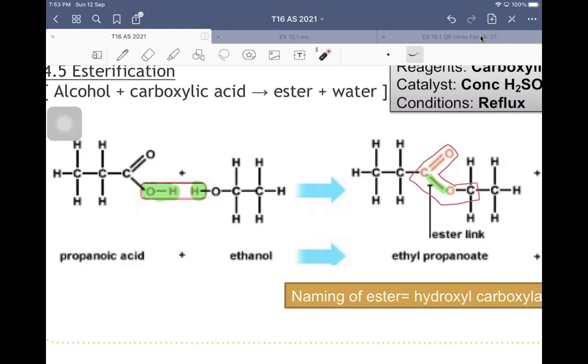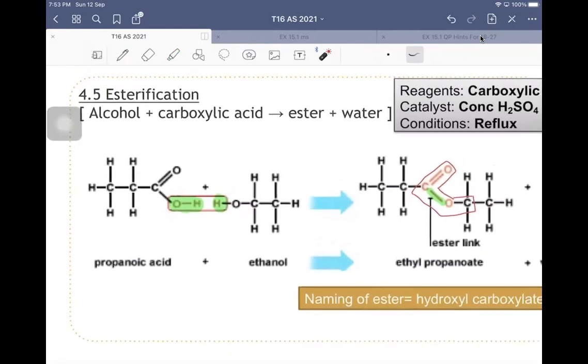So take note, the ester's functional group is COOC. In an ester, the side that is attached to the C double bond O is the carboxylic acid side, or we call it the carboxylate part.